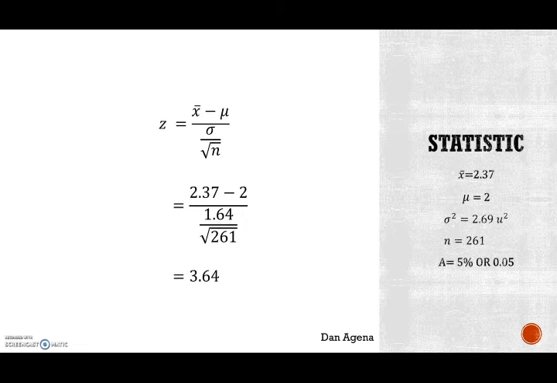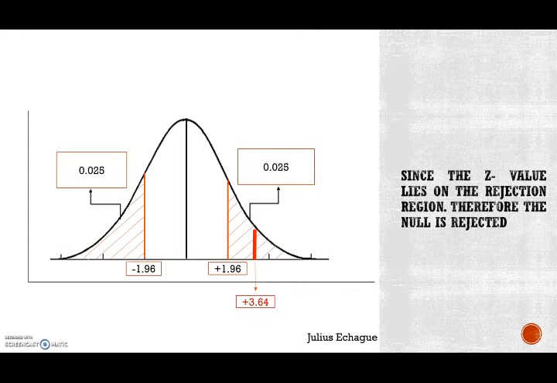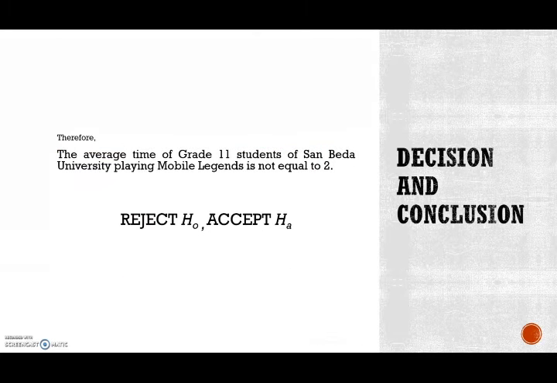It is equal to 3.64. Since the z-value lies in the rejection region, therefore the null is rejected. Therefore, the average time of grade 11 students of San Beda University playing Mobile Legends is not equal to 2. Reject H0, accept HA.